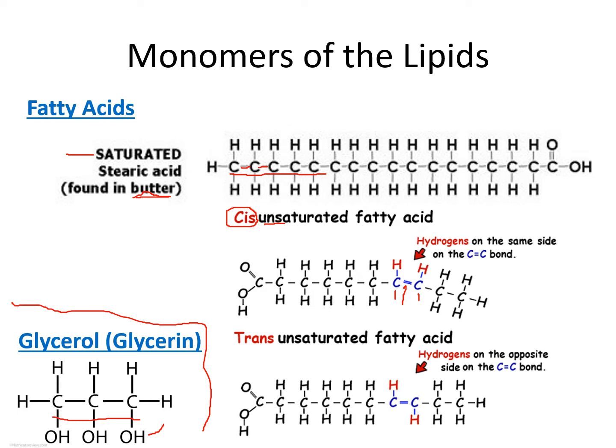Saturated fats are solid at room temperature, and the reason for that is that they have these really nice straight carbon chains, which means that they can pack really closely together. As opposed to plant oils, they are liquid at room temperature. So we can see here that the double bond between these two carbons actually puts a kink in the fatty acid chain.